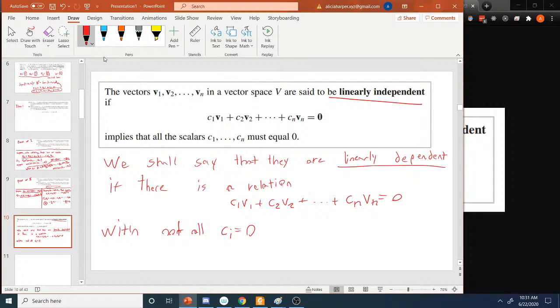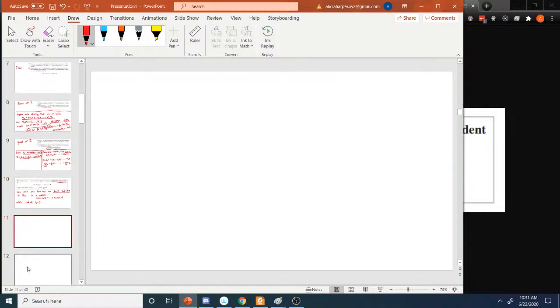And if you have n vectors in a vector space, this is a dichotomy. Either your vectors are linearly independent or they're linearly dependent. Exactly one of the following statements has to be true. Okay, so let's give our first example.